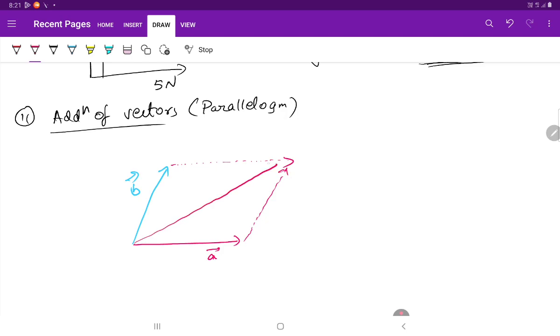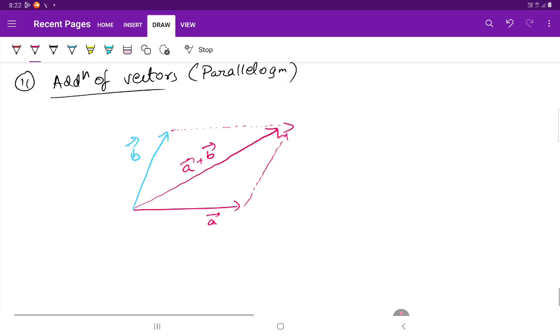This actually represents the net vector, that is A vector plus B vector. So this is the parallelogram method of addition. It is similar to the triangular method. I don't need to explain much, but I covered it for the sake of knowledge.